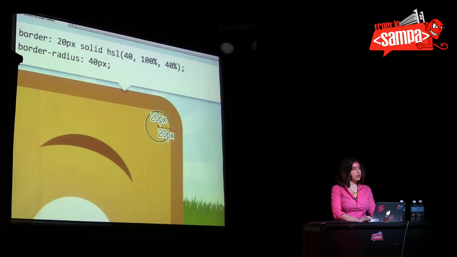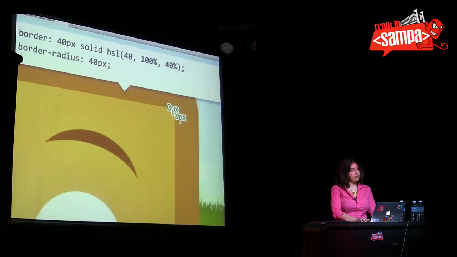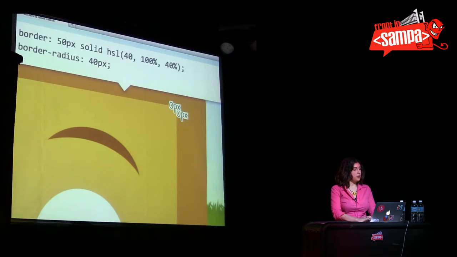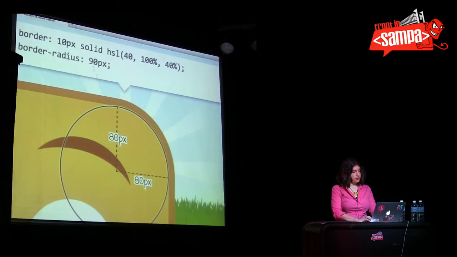The inner edge is smaller. How much smaller? This value minus our border width. So if we increase our border width, it becomes smaller. Obviously, it cannot be negative. So here it would be minus 10, but it's effectively 0. And if we increase this, obviously the inner rounding increases as well.